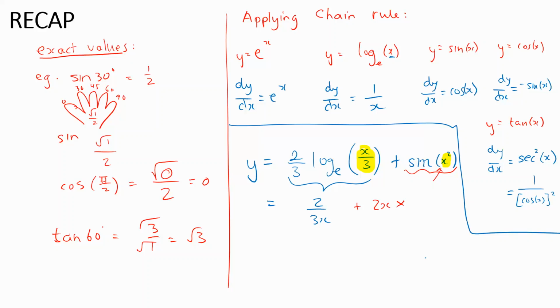So it's cosine x squared. So together, 2 over 3x plus 2x cos x squared. How do we feel? Good?